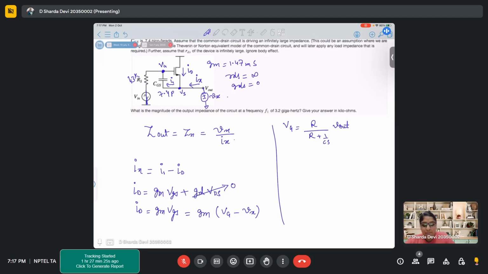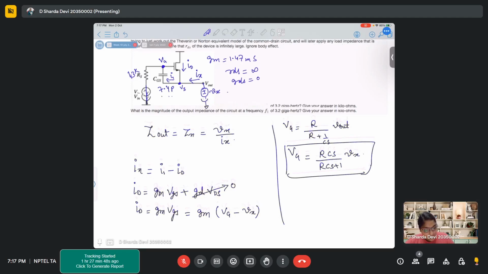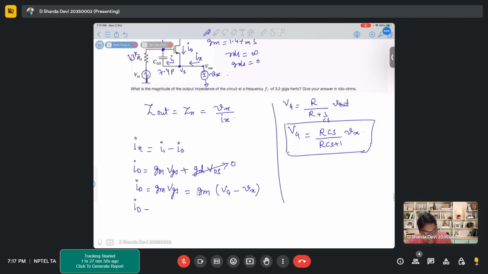I'm simply applying voltage division as there is no current flowing through the gate of the transistor. So I can write Vg as R upon R plus 1 by Cs into Vout, or we can write it as RCs upon RCs plus 1 times Vx. This is Vg.